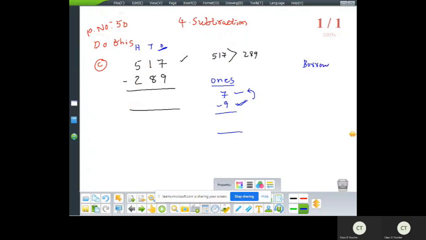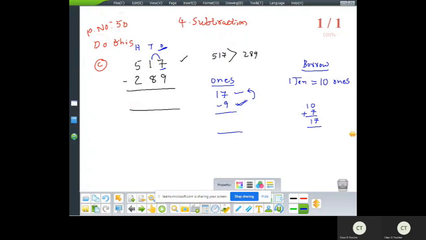Borrow means 1 ten is equal to 10 ones. We borrow from the beside number of 7. 10 ones and the 7 ones already there make a total of 17 ones. Now this is 17.